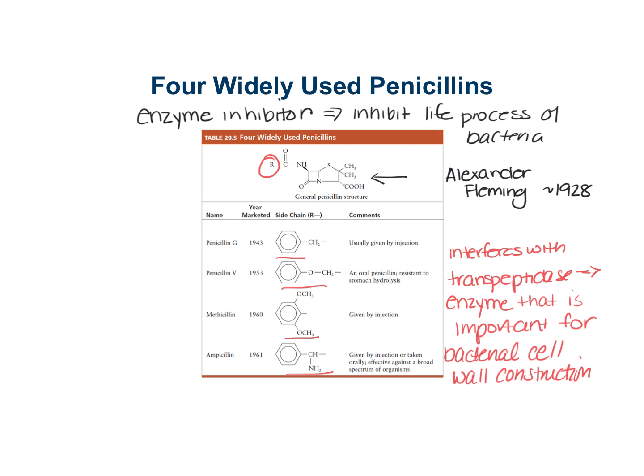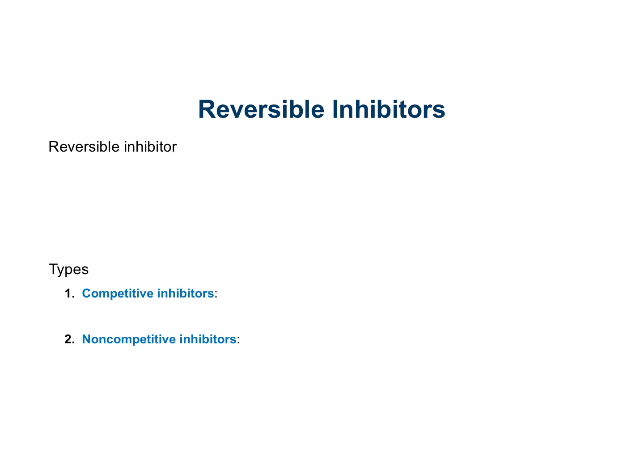Now, let's talk about reversible inhibitors. A reversible inhibitor, in contrast to those that we previously talked about that are irreversible, reversibly binds to an enzyme, right? When it binds to an enzyme, so if we have an enzyme plus an inhibitor, and it reversibly binds, we get an equilibrium with this enzyme inhibitor complex.